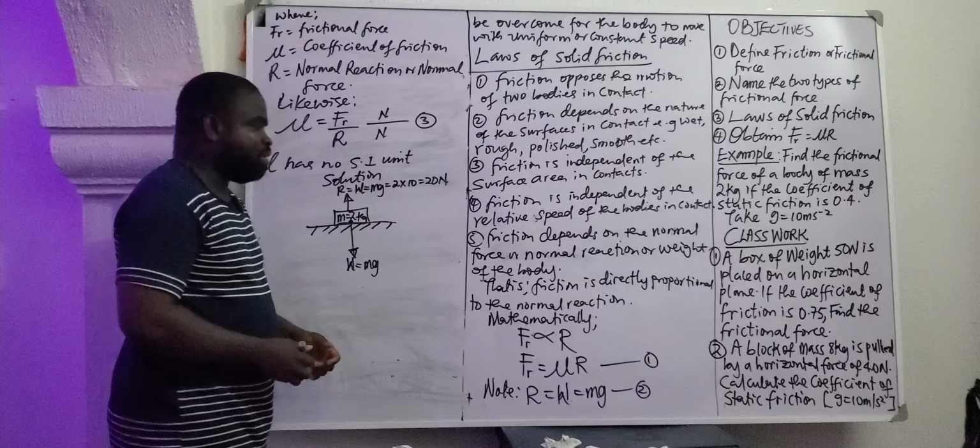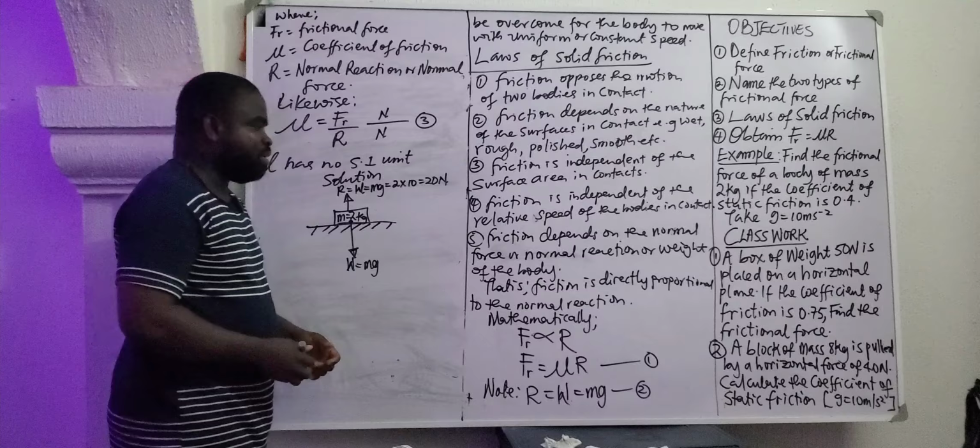So we define friction as the force which acts at the separation of two surfaces in contact, of two bodies in contact, and opposes the motion of one over the other. Or we can say friction is the force which opposes the relative motion between two surfaces in contact.